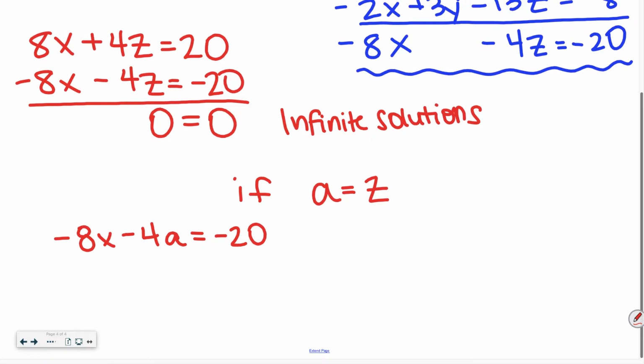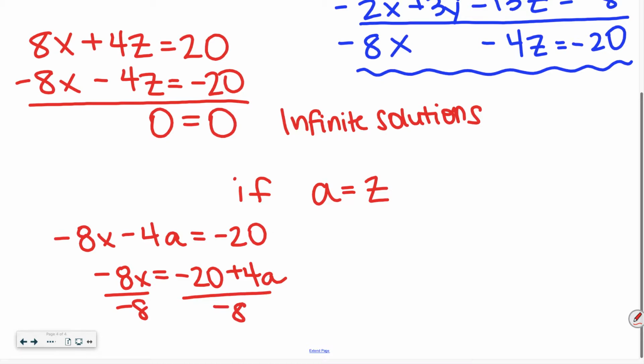And we can solve for X. So negative 8X equals 4A minus 20. Well, negative 20 minus 4A, whatever. And then we would have to divide both sides by negative 8.